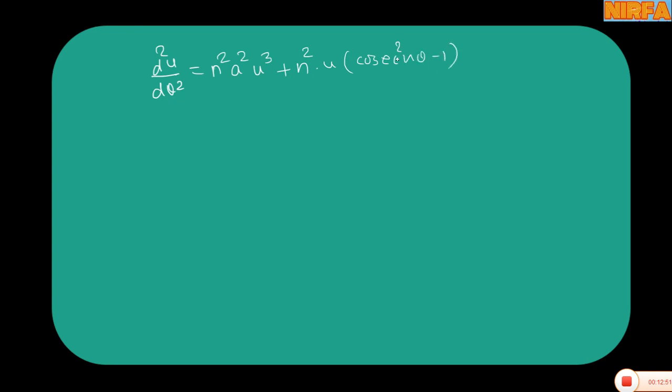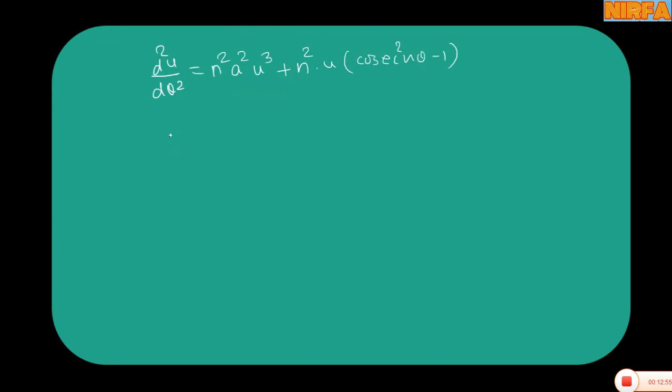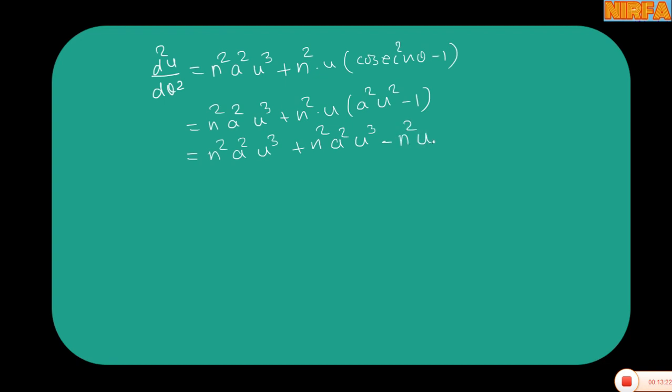And we know that cosec square n theta is nothing but a square u square. So we can write this as n square a square u cube plus n square into u into a square u square minus 1. After simplification, we can write this as n square a square u cube plus n square a square u cube, minus n square u.